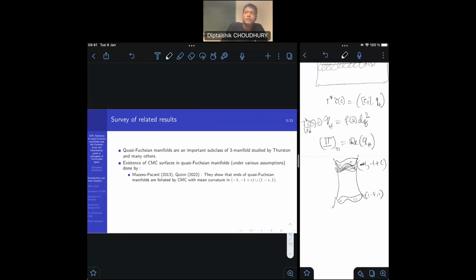You can imagine that you don't really have an honest CMC-H surface in a quasi-Fuchsian manifold with H equal to 1 and -1, but wherever you are in the quasi-Fuchsian space, you could perturb the data at infinity to get some CMC foliations or CMC-H surfaces near the ends, which have these values of mean curvature.